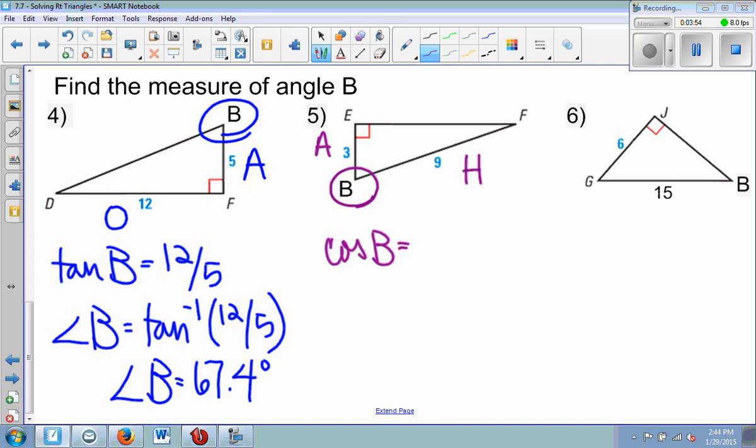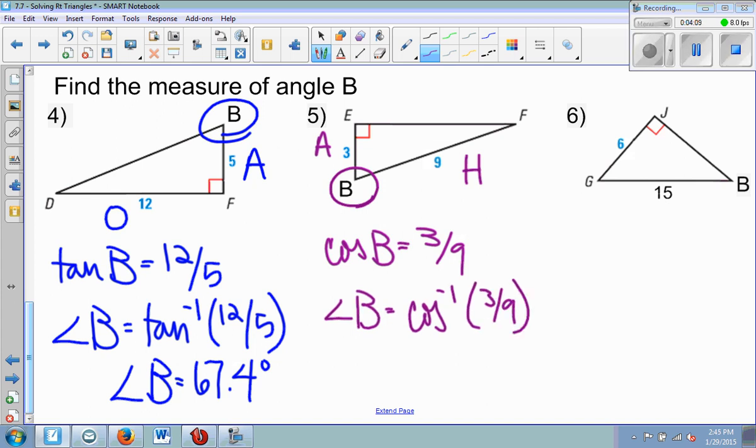So we're going to say that the cosine ratio for B is 3/9. And in the calculator, we're not going to type cosine, we're going to type in cosine inverse. So cosine with the little -1, and we're going to do that of the ratio 3/9. Anytime I want to find an angle measure, we're using our inverse trig ratios.